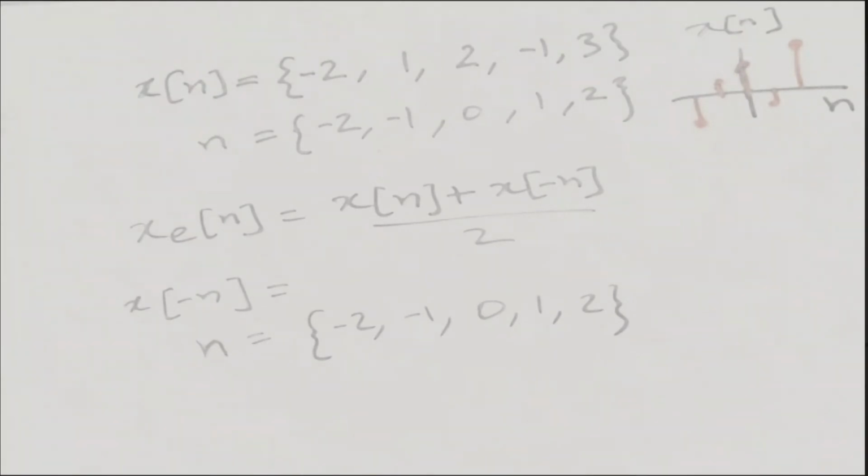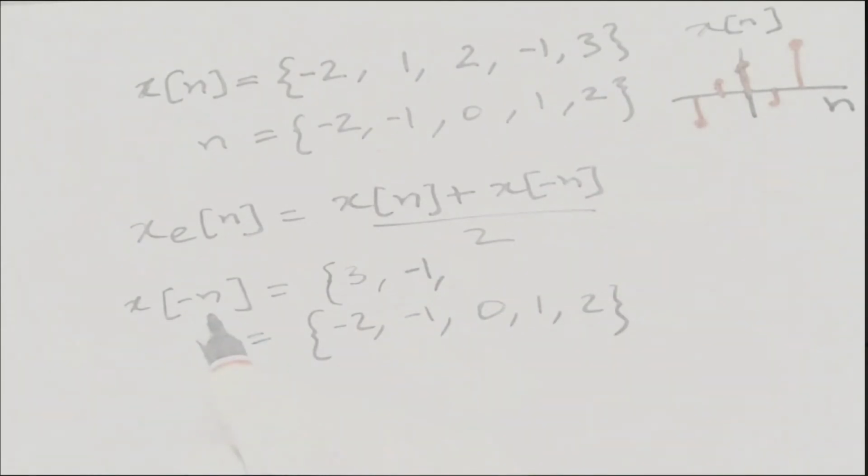Now x of minus n can be obtained by substituting the values of n as negative. For example, if you substitute n equal to minus 2 here, minus of minus 2 will give you x of 2. By relation, x of 2 is 3. So you have 3 here. Now if you substitute n equal to minus 1, minus of minus 1 is plus 1, while x of 1 is minus 1.